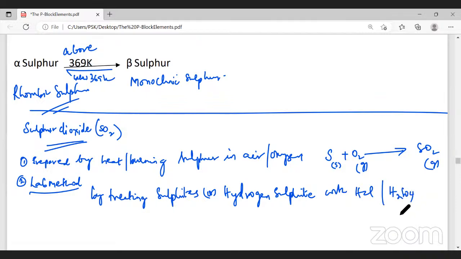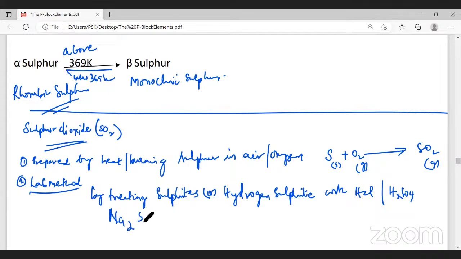Sulfur dioxide gas will be liberated. Sulfite is also present in the first group in the acid radical analysis. In PUC, we have only the carbonate radical and don't talk about the sulfite radical, but remember, the sulfite radical is also present in the first group.